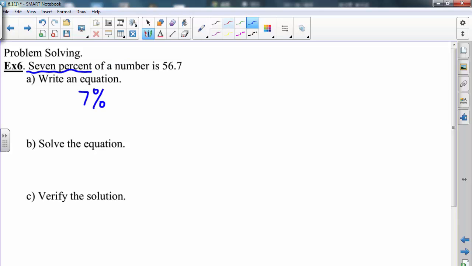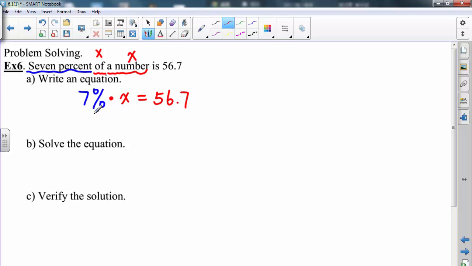Of a number, you guys learned this one in Math 8. In mathematics, of is the same as multiplication. So 7% times a number. Let the number be x. So 7% times x is 56.7.